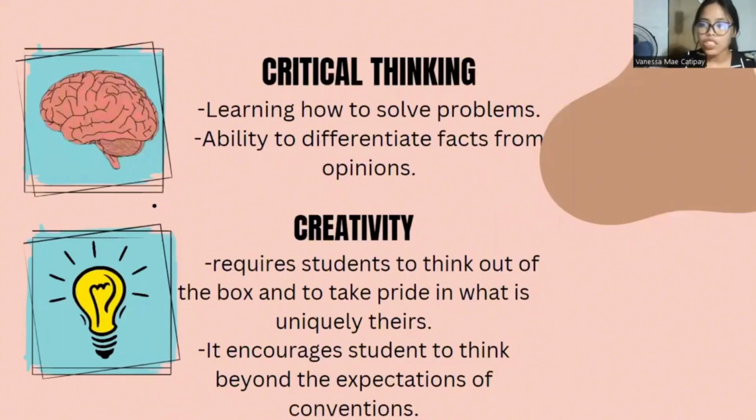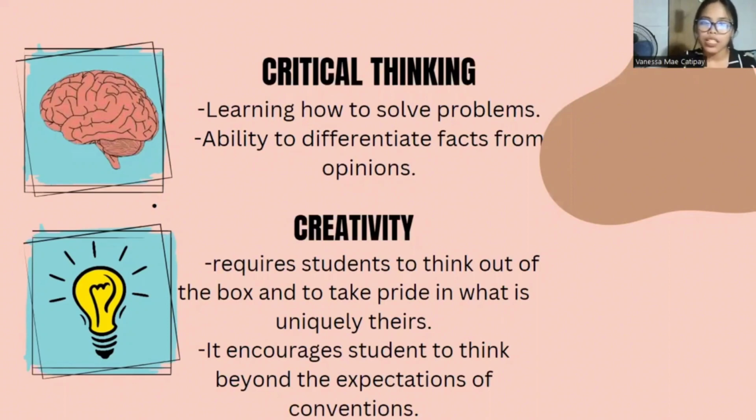It teaches students not to accept claims immediately without seeking the truth. It is also the ability to differentiate facts from opinions. Students not only learn a set of facts or figures, but also discover them for the sake of knowing what ought to be. The second one is creativity.